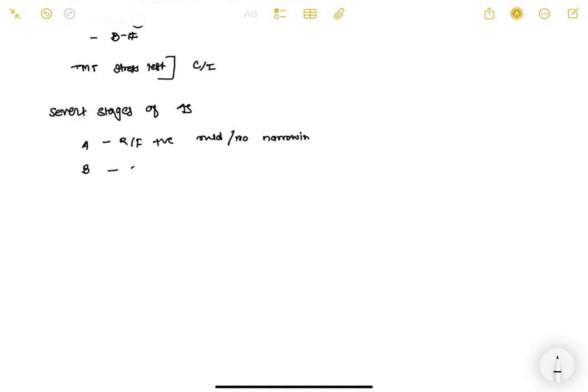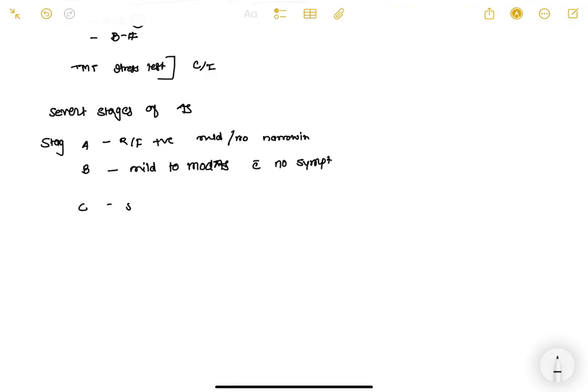In stage B, it is mild to moderate aortic stenosis with no symptoms.